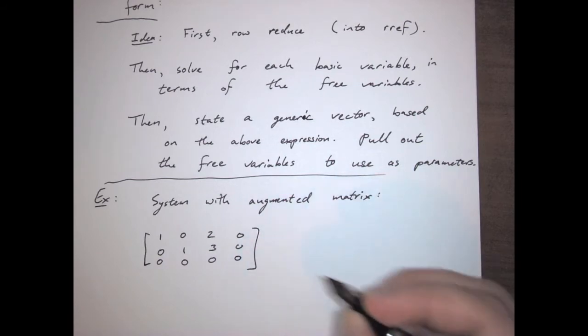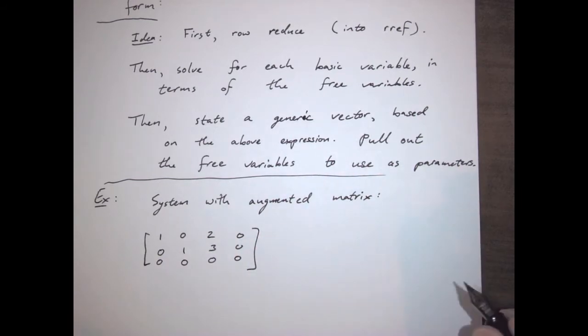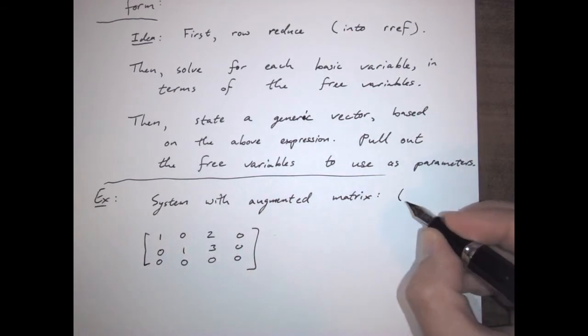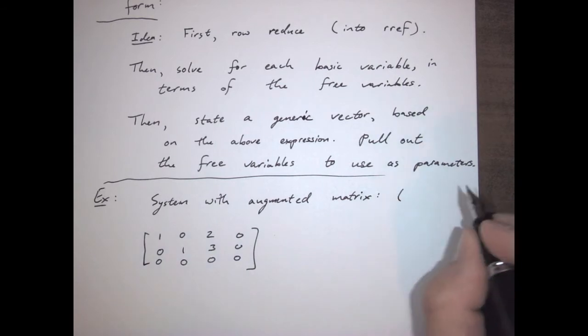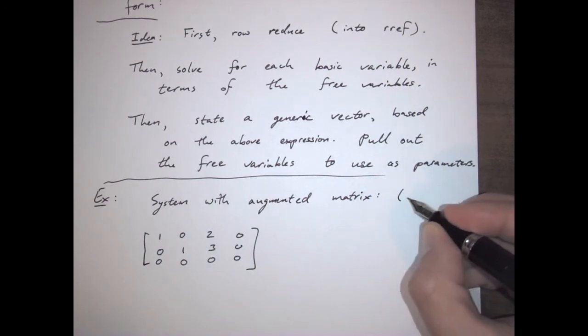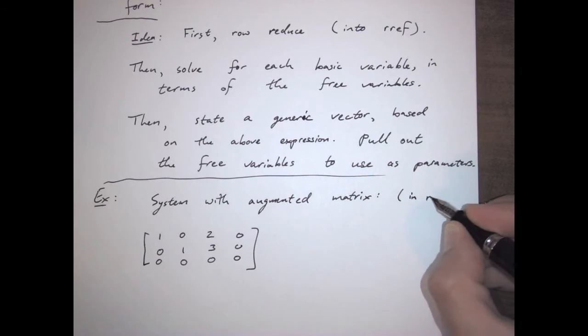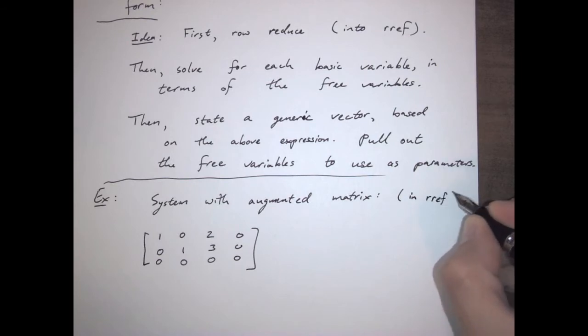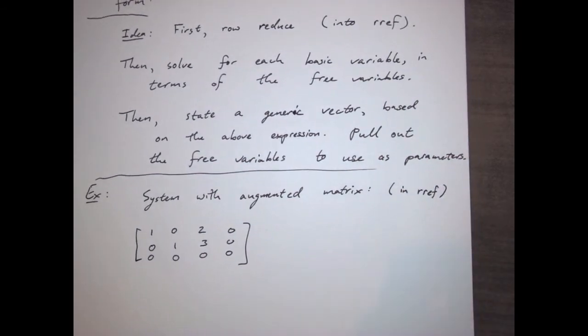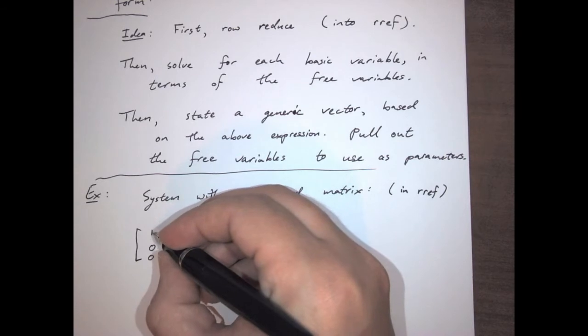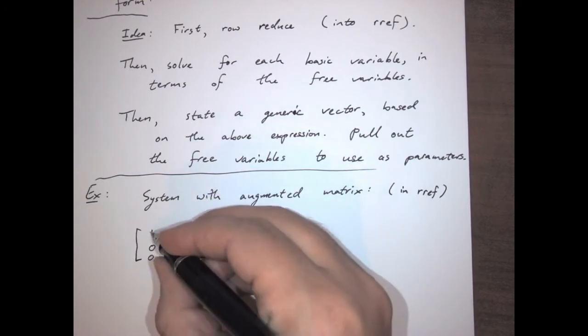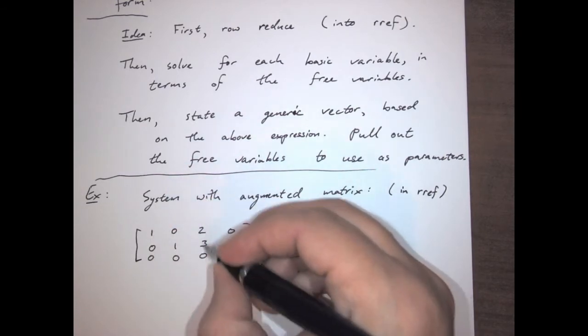Here we're assuming that it's already in REF form. Whatever the augmented matrix was, we already did the row reduction. Now it's in reduced echelon form, but we have our pivots here, and then a free variable here.